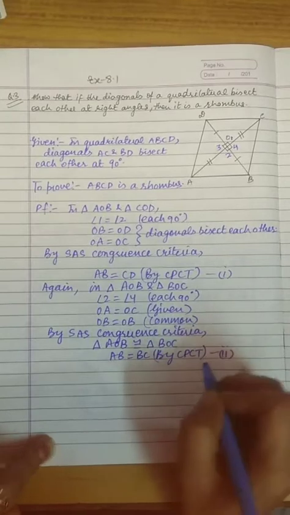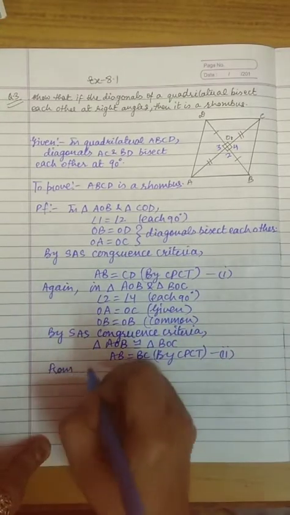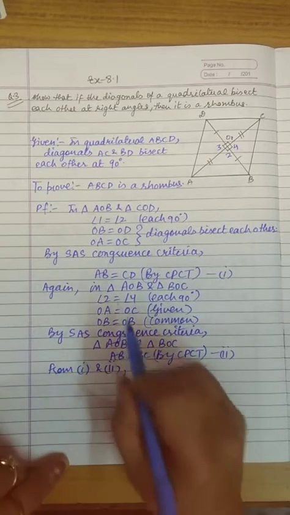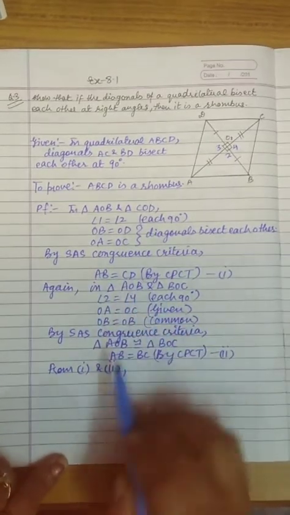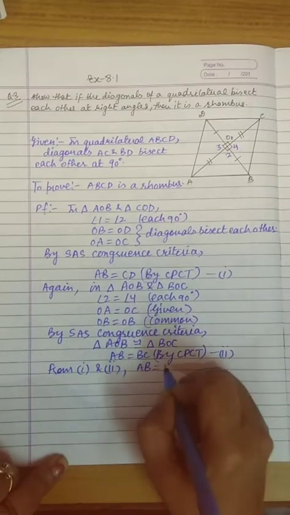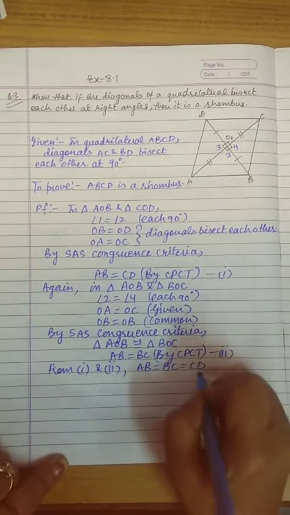So from 1 and 2 we get that AB is equal to CD and AB is equal to BC also. Therefore, AB is equal to BC is equal to CD.